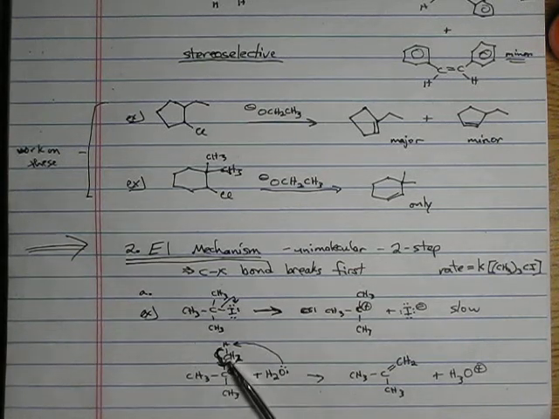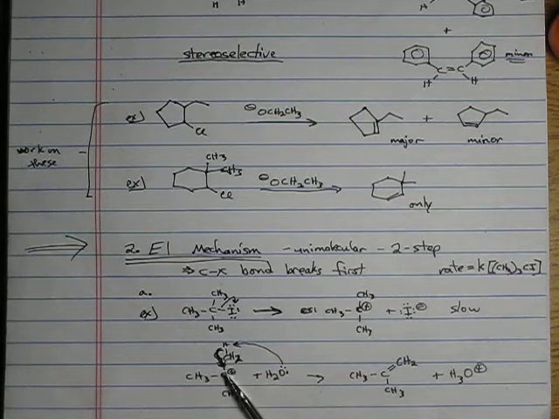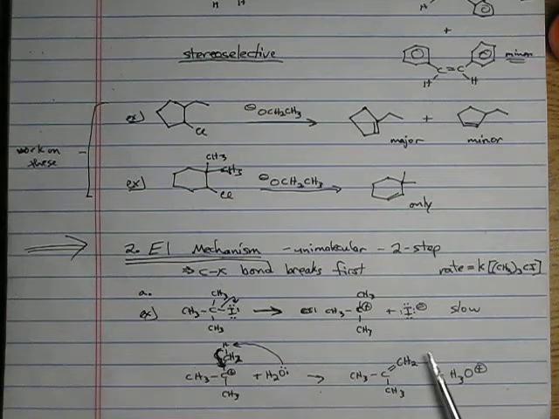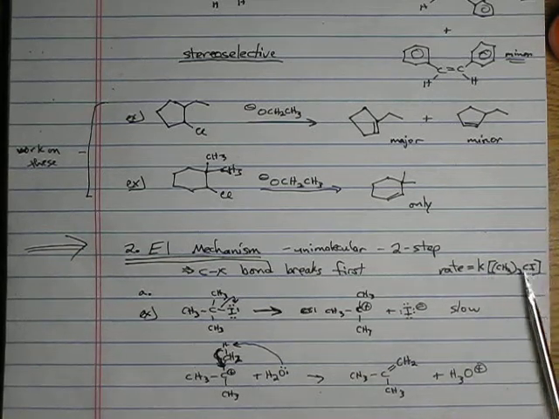This carbon here is now the beta carbon, so it has a hydrogen on it. The base can take that hydrogen. We will form a double bond between those two carbons and get this product here. Because the slow step is the first step with just the leaving group leaving, the rate law is rate equals k times the concentration of our substrate.